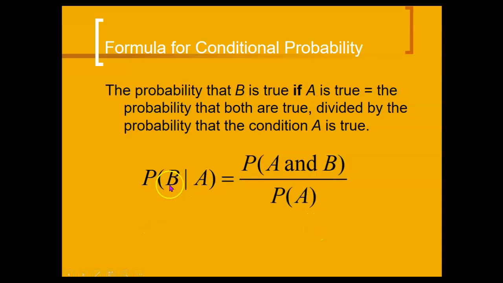So the probability of one thing being true if another thing is true is equal to the probability that they are both true at the same time divided by the probability of the condition, the given or the if part, being true in the first place.